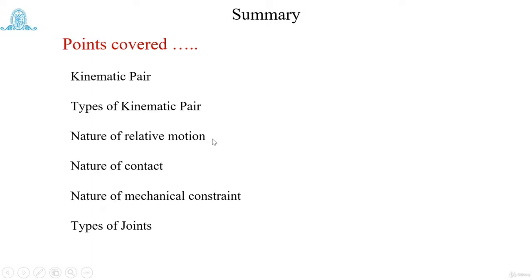In nature of relative motion, there are five types of pair: sliding pair, turning pair, rolling pair, screw pair, and spherical pair. According to the nature of contact, there is a lower pair and higher pair, and according to the nature of mechanical constraint, it is a closed pair and unclosed pair. And the last one is types of joint: binary joint, ternary joint, and quaternary joint. Thank you.